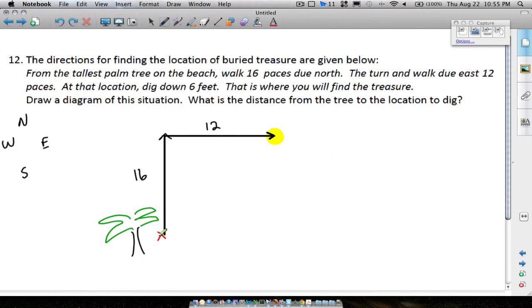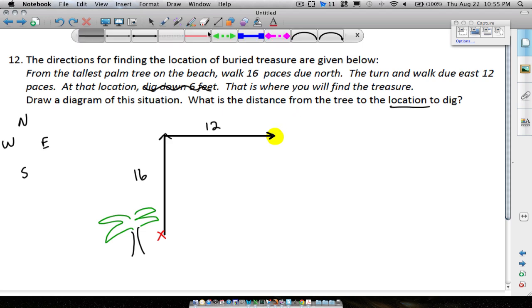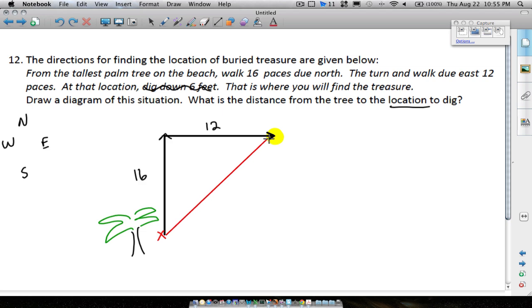But that 6 feet that you dig down is not dealing with the distance from the palm tree to the location where you need to dig. Once you go 16 paces north and 12 paces east, right there is where you're going to dig. So don't make that complicated on yourself. All we're really trying to find is this line right here.